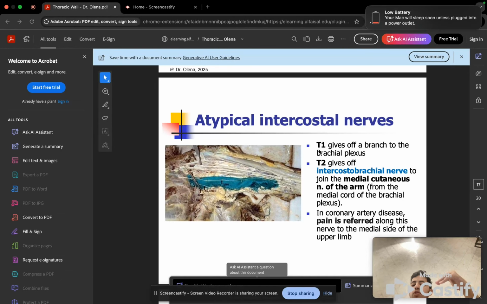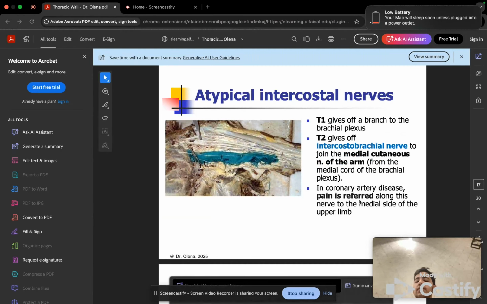So it has a part that goes into an intercostal nerve, and a part which becomes the medial cutaneous nerve of the arm, which is the one involved when you feel a heart attack. In coronary artery disease, pain is referred along this nerve to the medial side of the upper limb. So this is my arm, and it's on this side, the medial cutaneous.